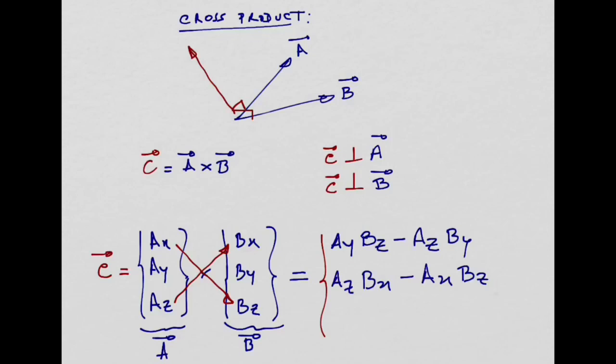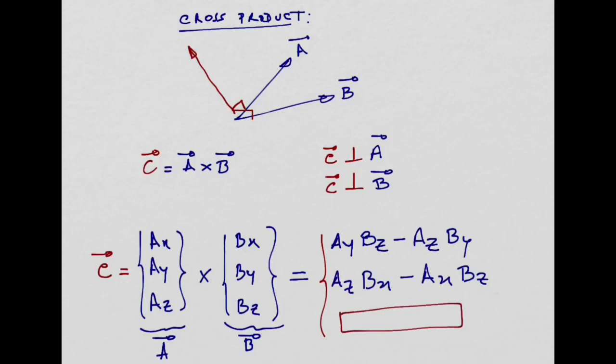Now the Z component. For this component here, I'm going to do this cross product: AX times BY minus AY times BX. Basically, if I want the Z component, I ignore the Z lines and do the cross product with the other two components of the vectors.